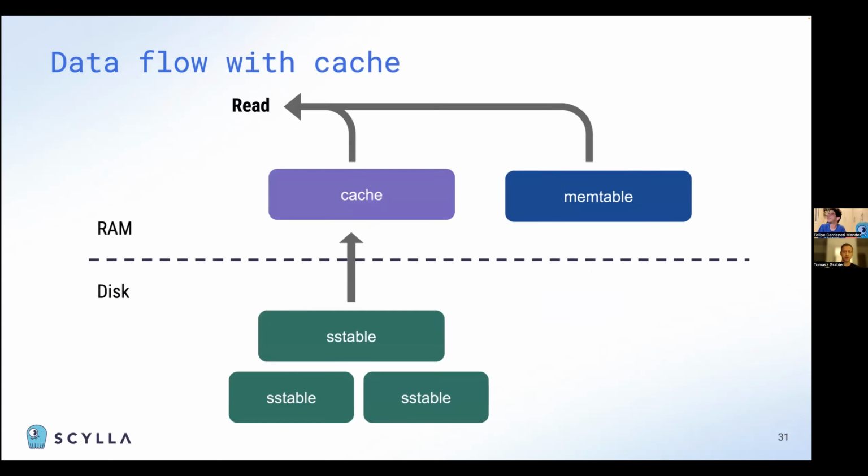So an obvious way to fix that is to insert a read-through cache, which represents what is on disk, meaning SSTables. The cache is like a subset of writes which are on disk, in memory.